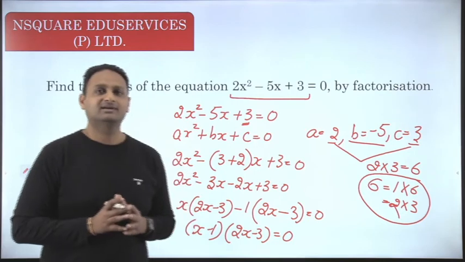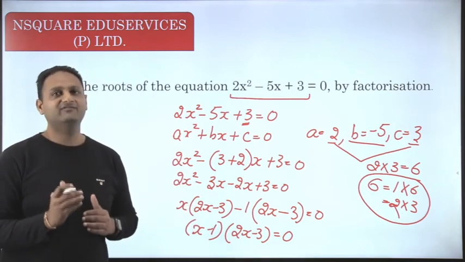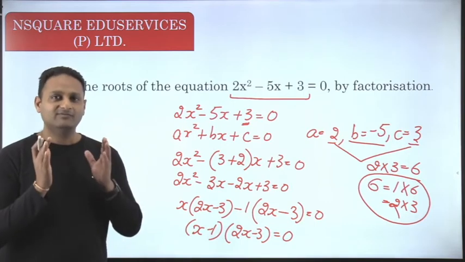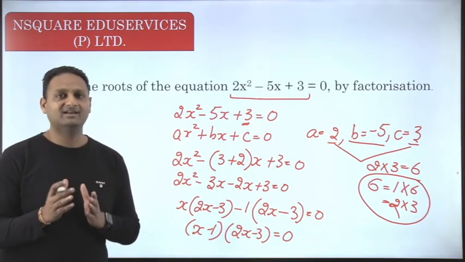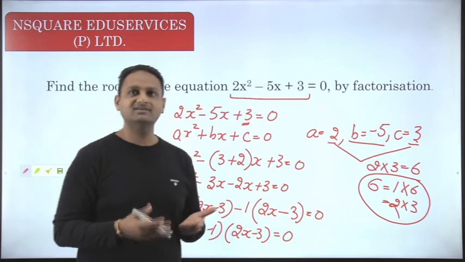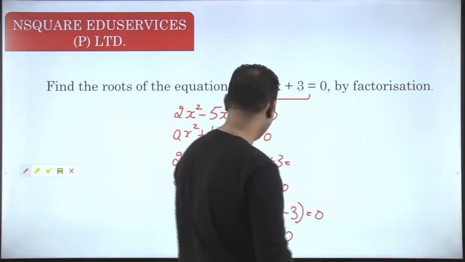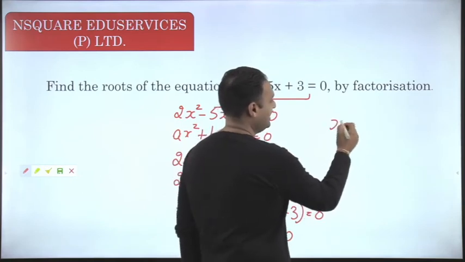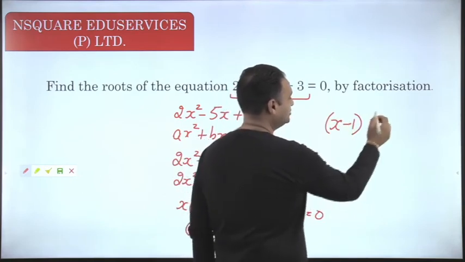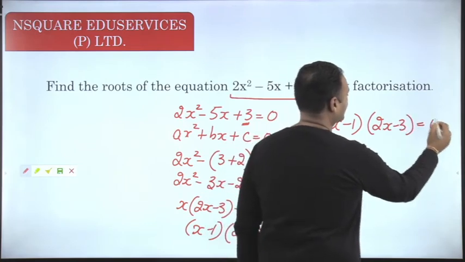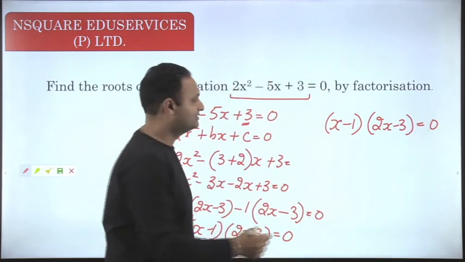So till this stage, we have reached a point where we have broken down the quadratic equation into factors. We have factorized it, and now we will simply use the zero product rule. So how do we do that? x minus 1 into 2x minus 3 is equal to 0, right?